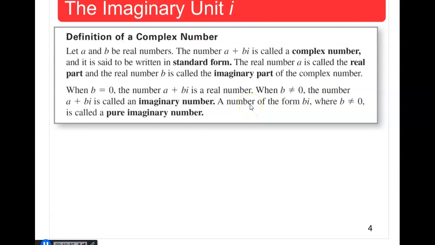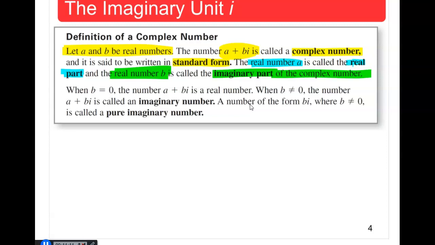So we have the formal definition of a complex number. Let a and b be real numbers. The number a plus bi is called a complex number, and it is said to be written in standard form. The real number a is called the real part, and the real number b is called the imaginary part of the complex number.